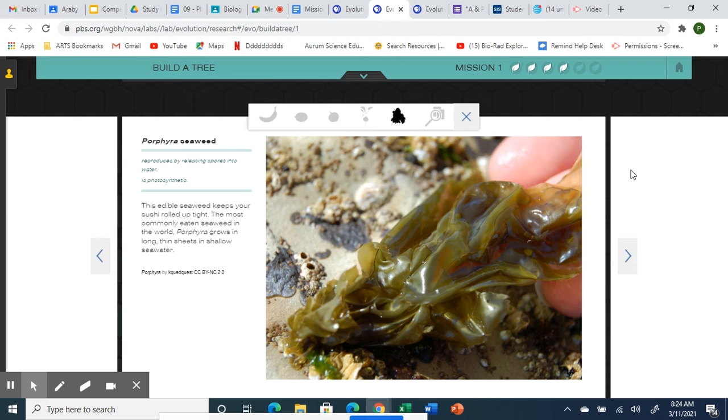But see the spores that go on the backside? Those are like the babies, so that they reproduce every year. The seaweed is the same way. So they must be closely related.